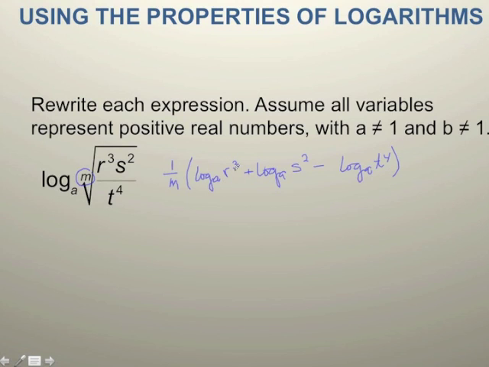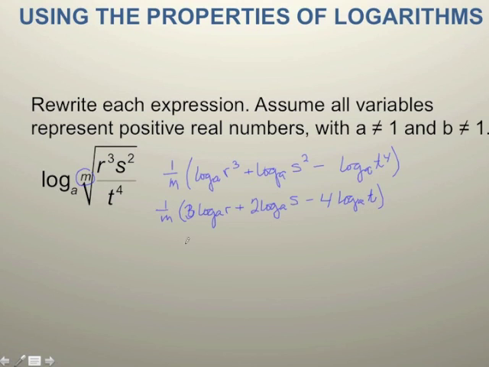Now we can bring all of these exponents down, so we'll still have 1 over m for that mth root of 3 times log base a of r plus 2 times log base a of s minus 4 times log base a of t.